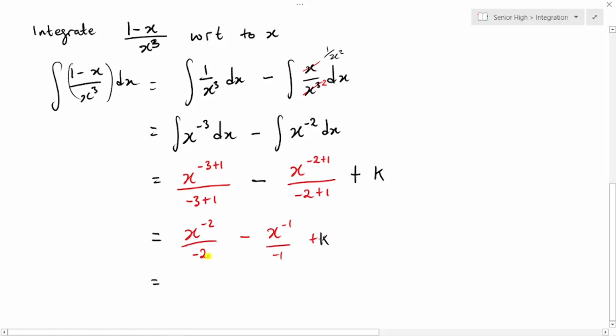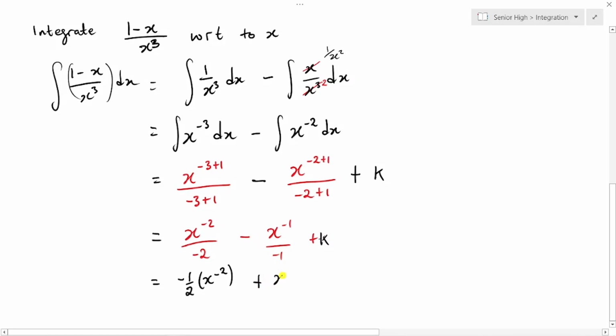So solving this part, remember, a minus can never remain in the denominator, so it comes up to the numerator, and we have this as minus x raised to the power of minus 2. So we have minus 1 over 2, and then we have it as minus 1 over 2 here, x raised to the power of minus 2. Minus, so when this minus comes up, it changes its minus to become plus.